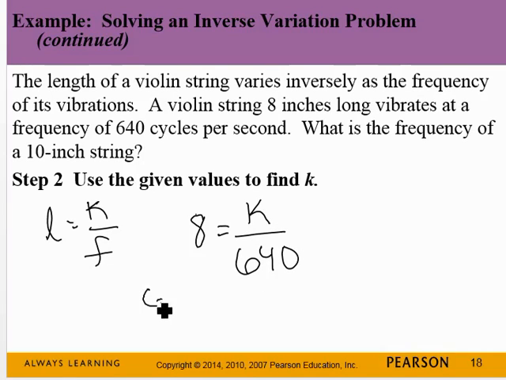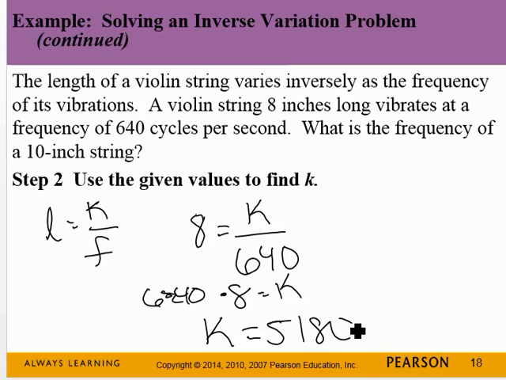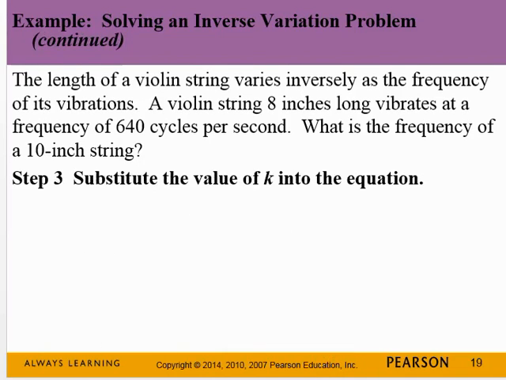So this means we're going to multiply 640 times 8 to get K. So K equals 5,120. So we have length equals 5,120 over F. This is our new equation now.